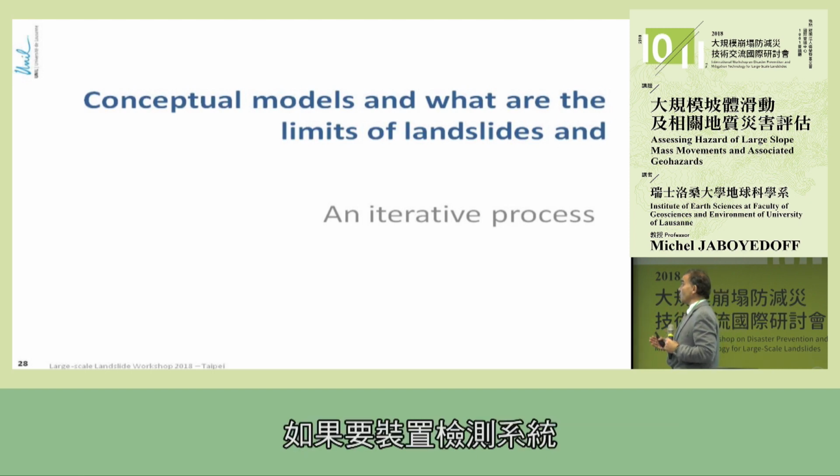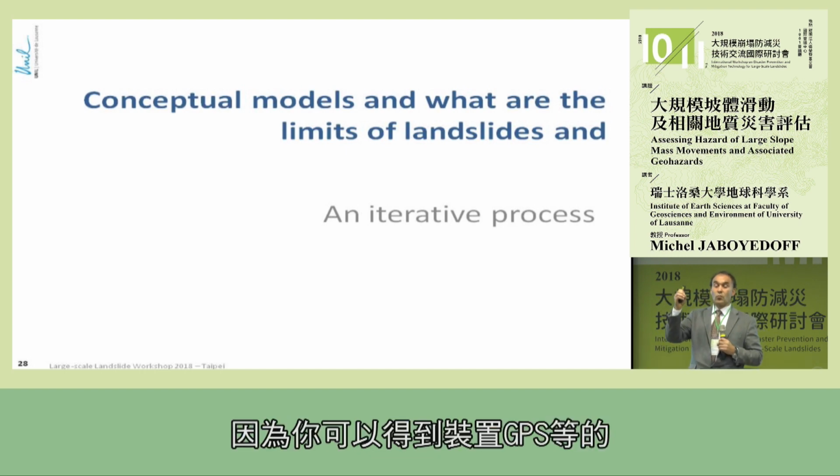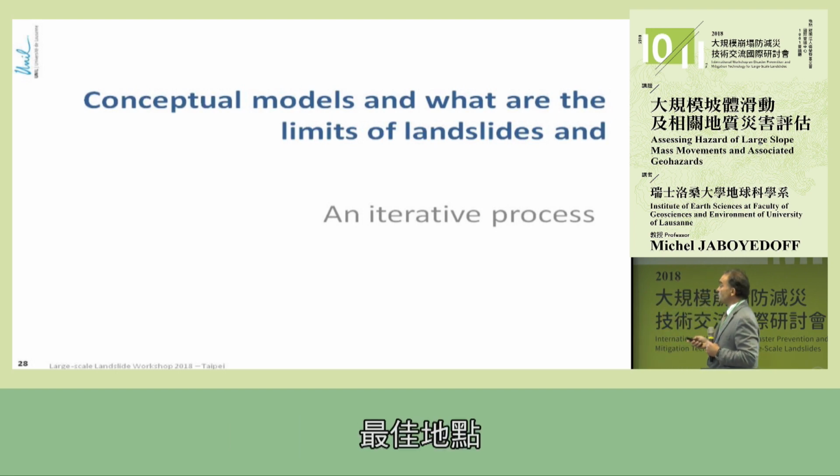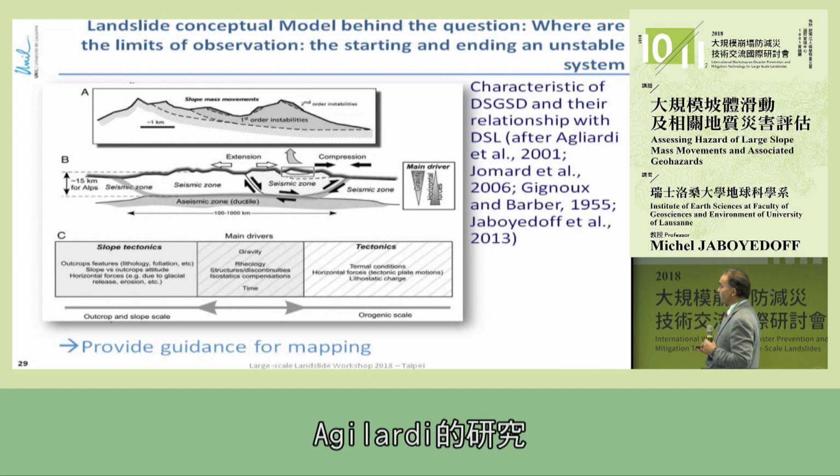And the conceptual model is also really important if you want to implement a monitoring system, because it tells you where the best position is to put your GPS, for instance. So, the conceptual model here is inspired from work by Agliardi et al.